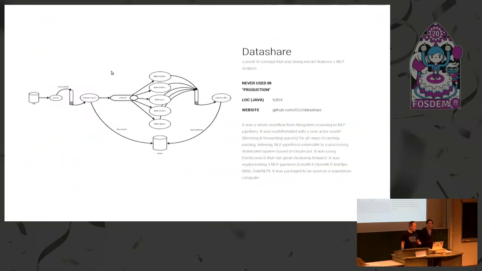Then there was this repository. It was already called DataShare, but it was not in production. It was not the same as the knowledge center that was used by a lot of journalists. DataShare was a proof of concept and was doing quite the same at the beginning. It was parsing and extracting with Tika also.